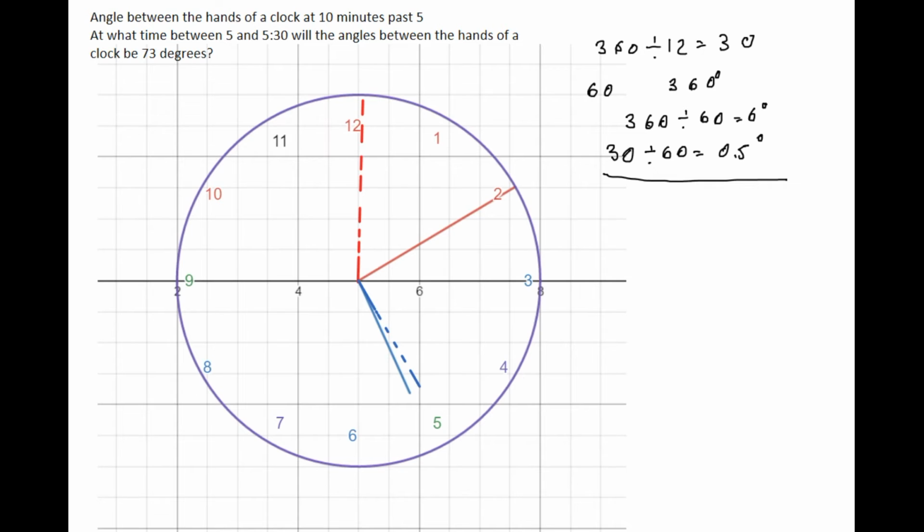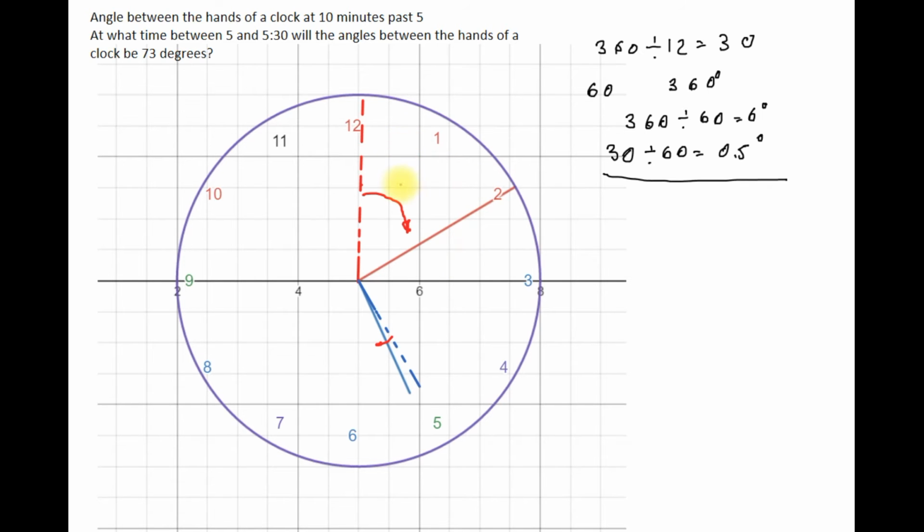If we look at the angles at 10 past 5, this angle has been reduced by this much, and this angle here between the two hour hands, where it was and where it is now, that little angle, has increased. But because this decrease is larger, there's a net decrease.